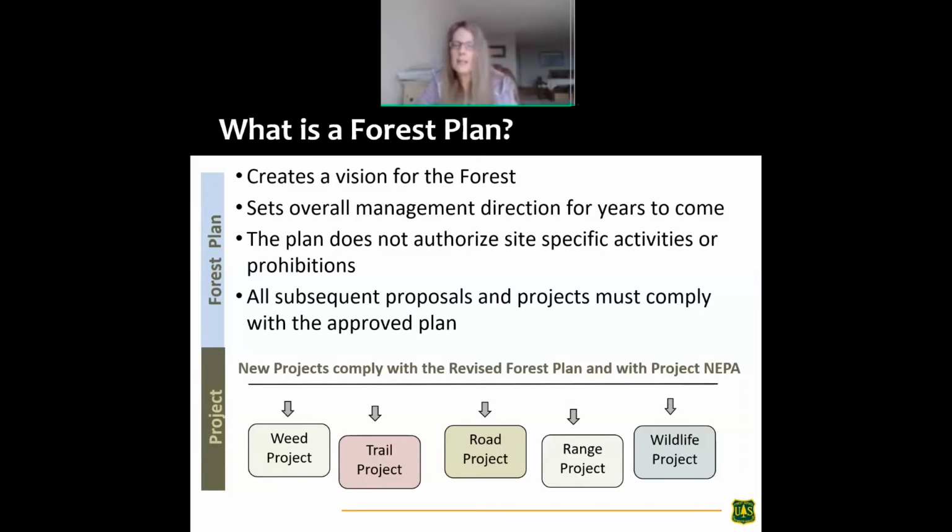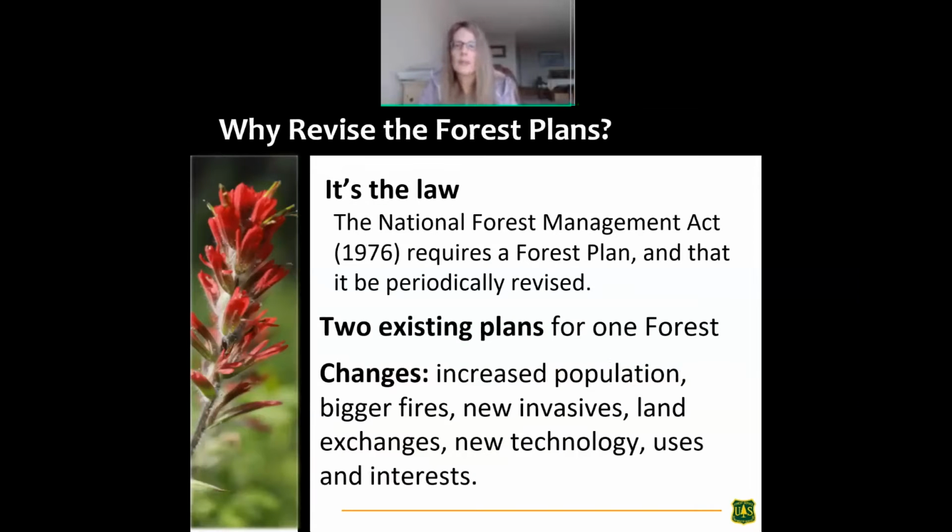So why are we revising it? Well, it's the law. The National Forest Management Act of 1976 requires a forest plan for every forest, and it also requires that it be periodically revised. And while the law might say every 10 to 15 years, the current plans were actually created in the mid-80s, 1986, 1987.